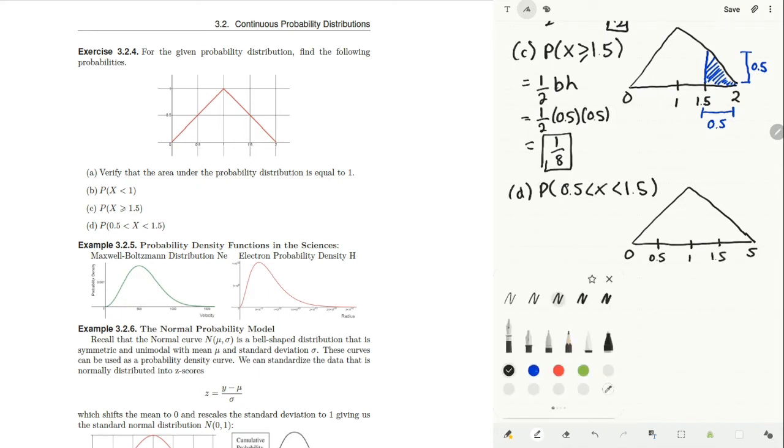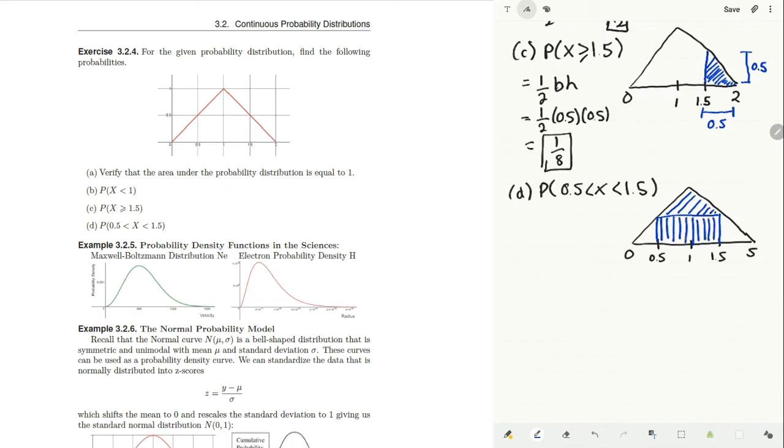And so what we want is the area between these two values. And this probability corresponds to these two areas. So what we see is a rectangle and a triangle.